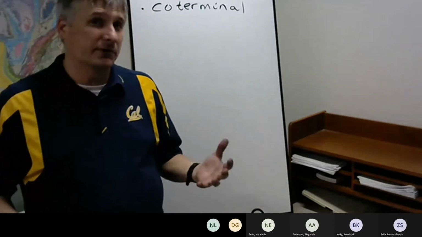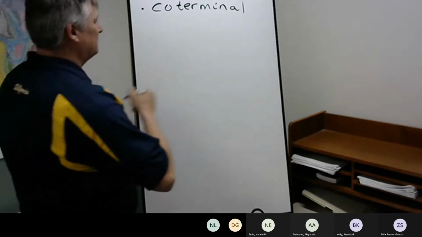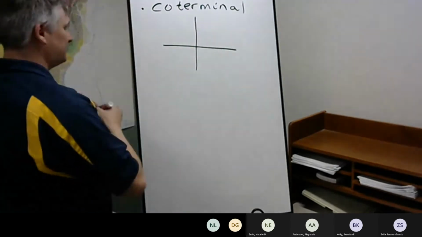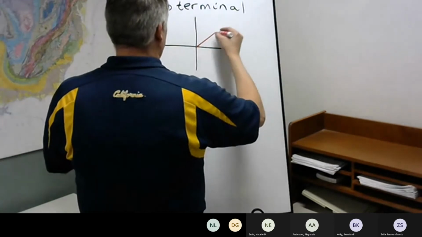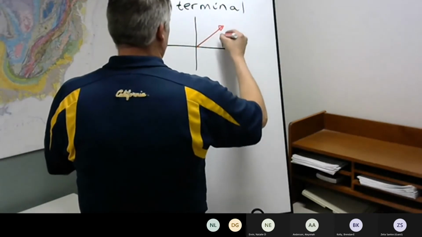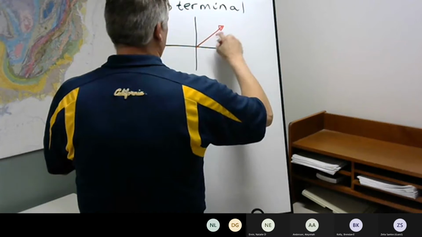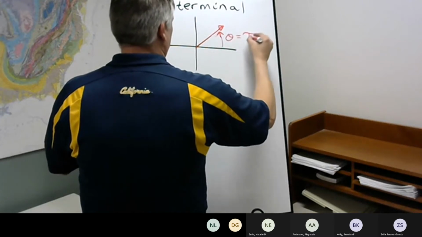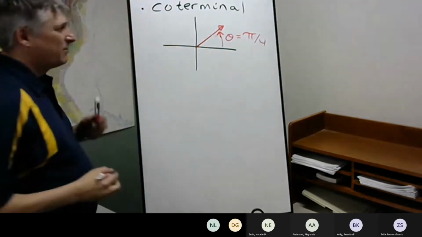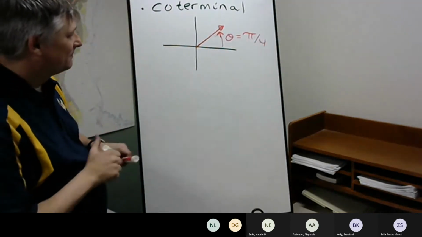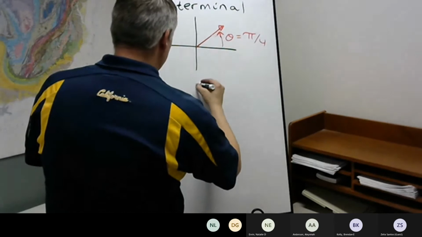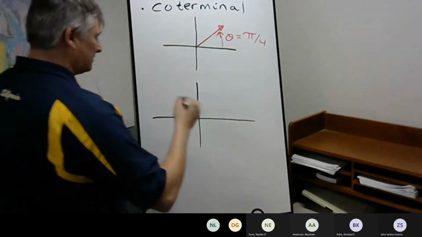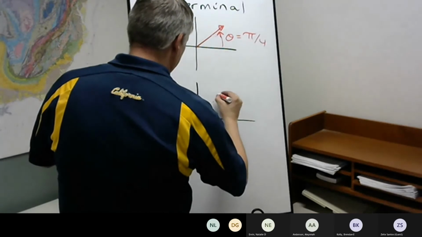That'll give you a full rotation for any circle. So let's say we have this. So we have theta is pi over 4. So let me keep this angle.